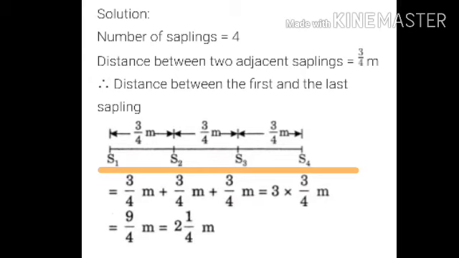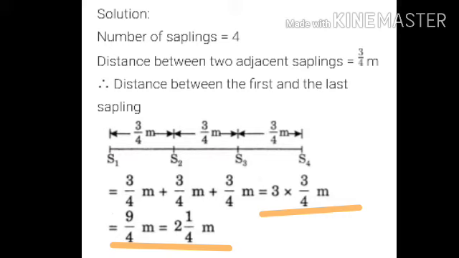So 3 by 4 three times, we get 9 by 4, which is equal to 2 1 by 4. The improper fraction converted into a mixed fraction gives 2 1 by 4.